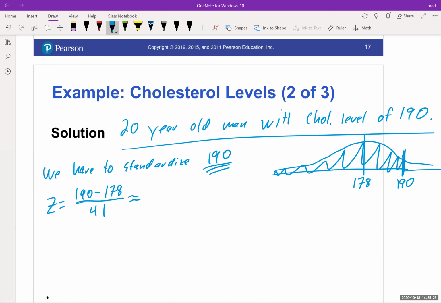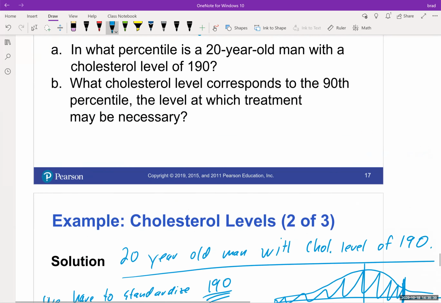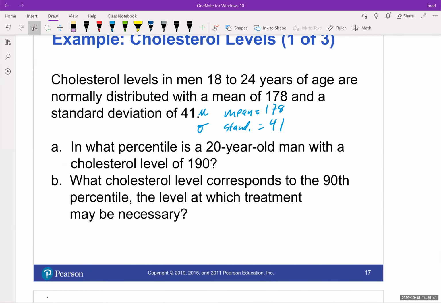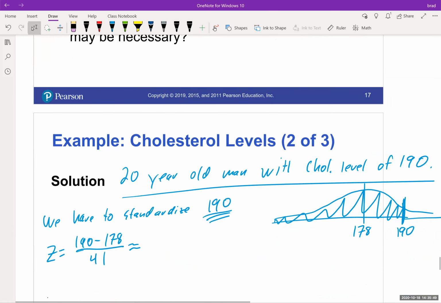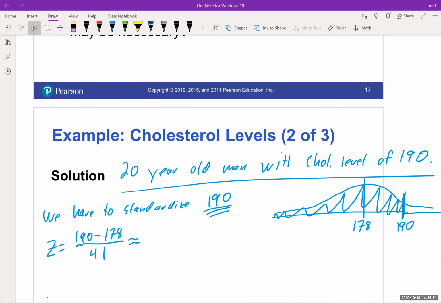I'm going to say 190 minus 178, and then hit enter and divide by 41. Oops, did I do something wrong here? 190, the data value, minus the mean. Let me see here. So I have a z-score.